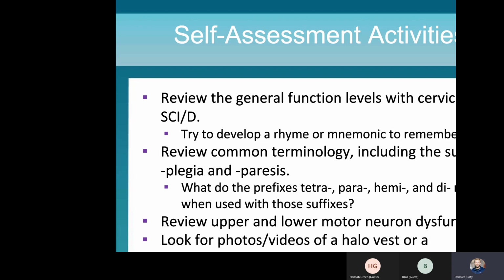But the cervical levels at the top, there's 7 cervical vertebrae. Think about it as the meal times: 7, 12, and 5. You've got 7 cervical vertebrae, 12 thoracic vertebrae, and then down here, you've got 5 lumbar.